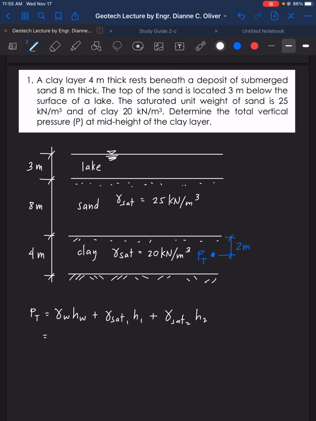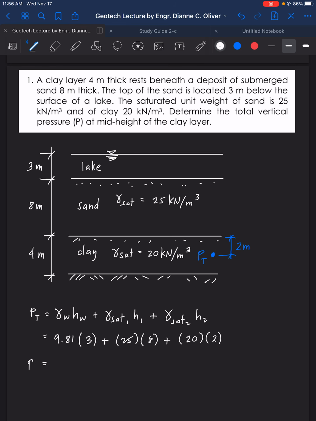That is equal to gamma of water, 9.81 kilonewton per cubic meter, multiplied with 3 meters of the lake, plus gamma sat is 25 kilonewton per cubic meter multiplied with 8 meters, plus gamma sat of clay is 20 kilonewton per cubic meter multiplied with 2, up to the mid-height of the clay layer.